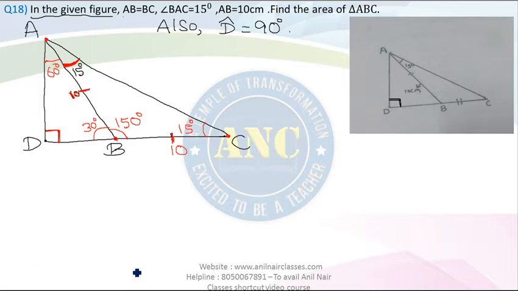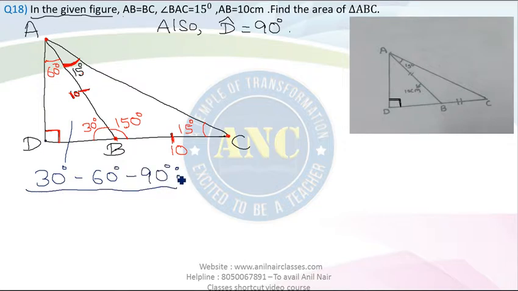Now, what is the question? The area of triangle ABC is what they are asking. Very, very easy, sir. If I take triangle ABD, it is a 30, 60, 90 degrees triangle. I taught you this kind of properties in heights and distances also, if you remember. Opposite to 30 degrees, if the value is 1, then opposite to 60 will be root 3, and opposite to 90 will be 2.